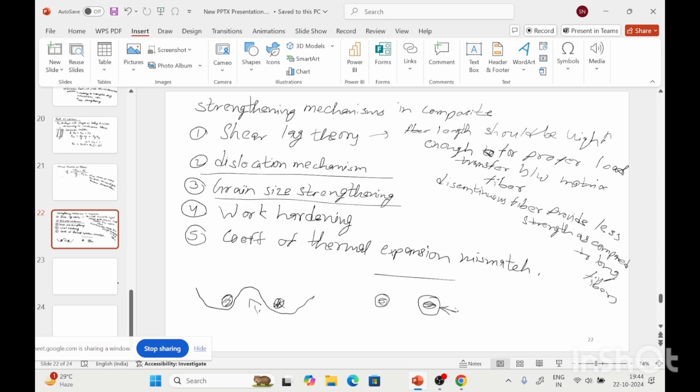Grain size strengthening happens the same as the Hall-Petch relation.